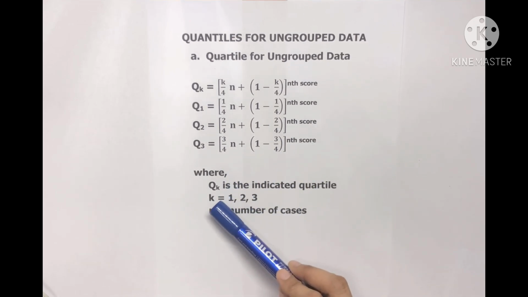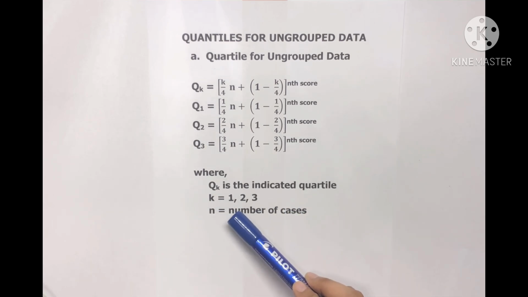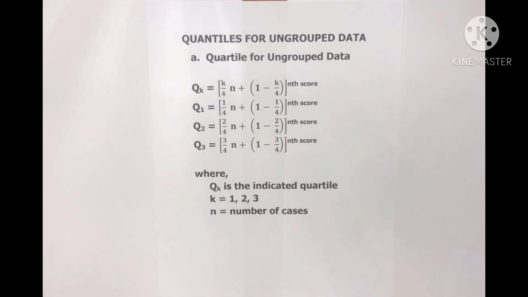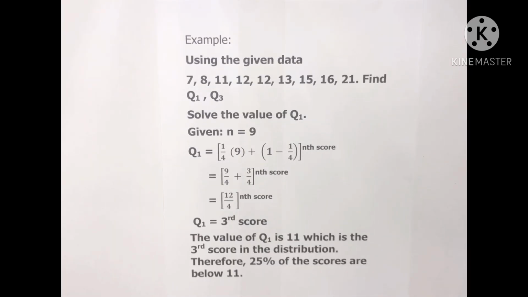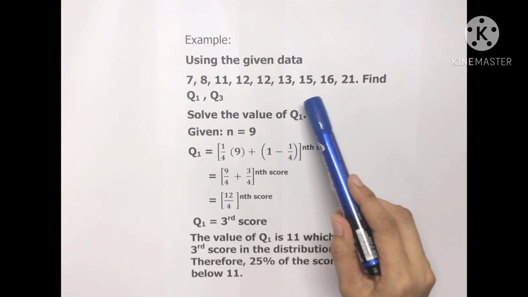Okay, so where Q sub k is the indicated quartile, k is equal to 1, 2, 3, and n is the number of cases.